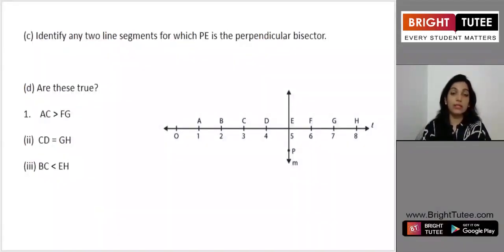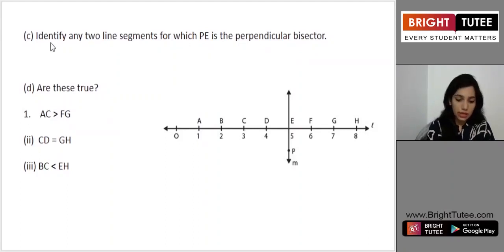Now let's look at the C part. Identify any 2 line segments for which PE is perpendicular bisector. Okay, so let's see any of the 2 line segments for which PE is perpendicular bisector. One, we have already seen that PE is a perpendicular bisector to CG, right?